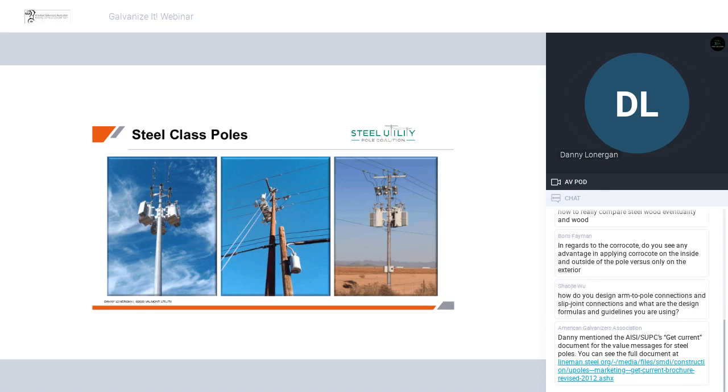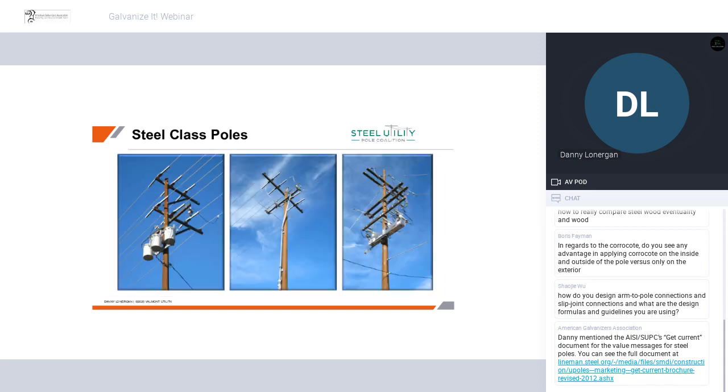The last few slides, quarter class poles. These are pretty common photos or pretty common applications.